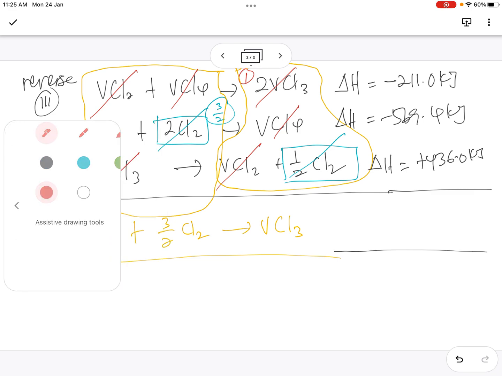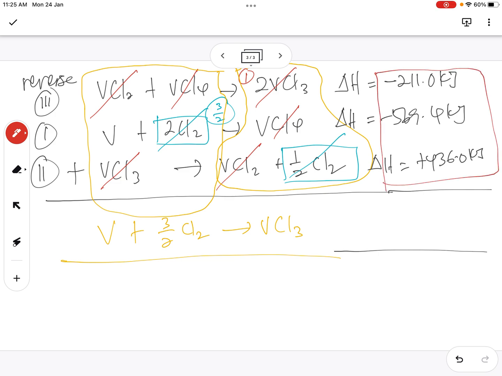These 3 we will also add. We will get delta Hf. Let us add. How much do we get? Can anyone tell me? Negative 344.4 kilojoule per mole.